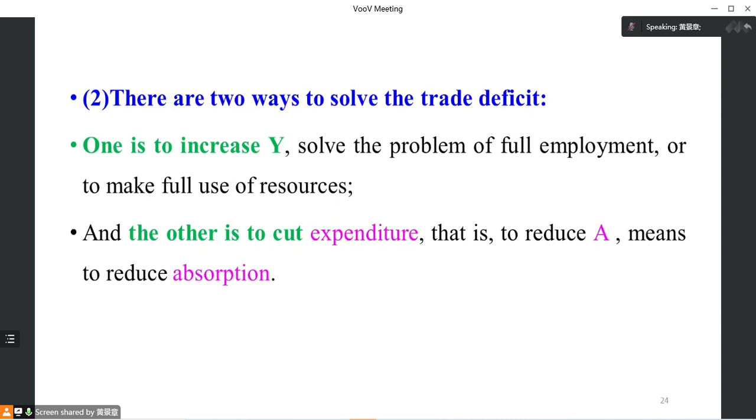These two methods can make this country get more national income.